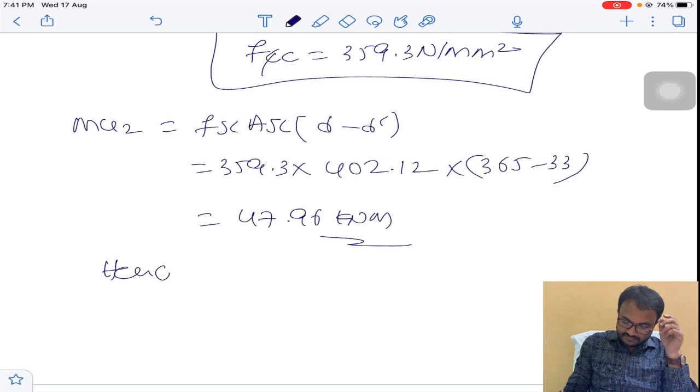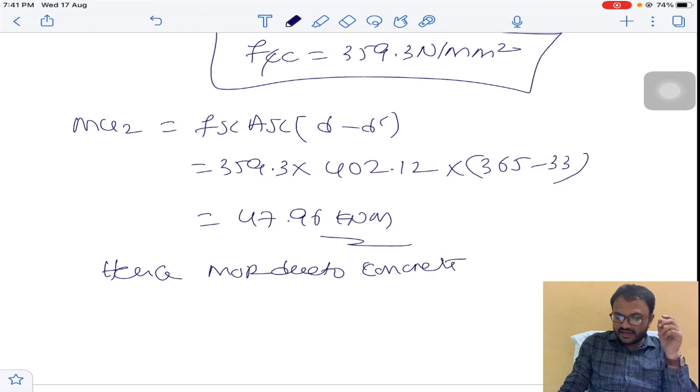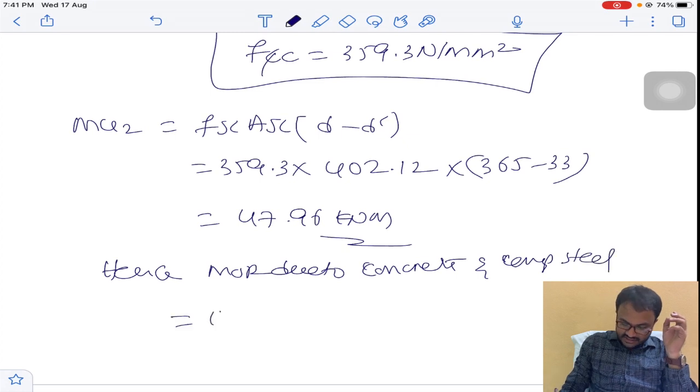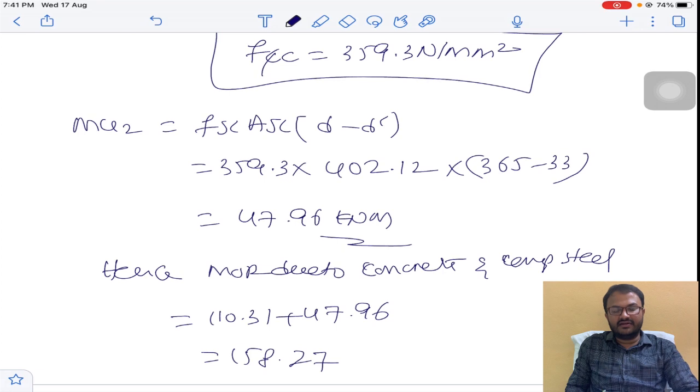So hence moment of resistance due to concrete is same as 110, and compression steel, so that is equal to 110.31 plus 47.96, it will be 158.27.